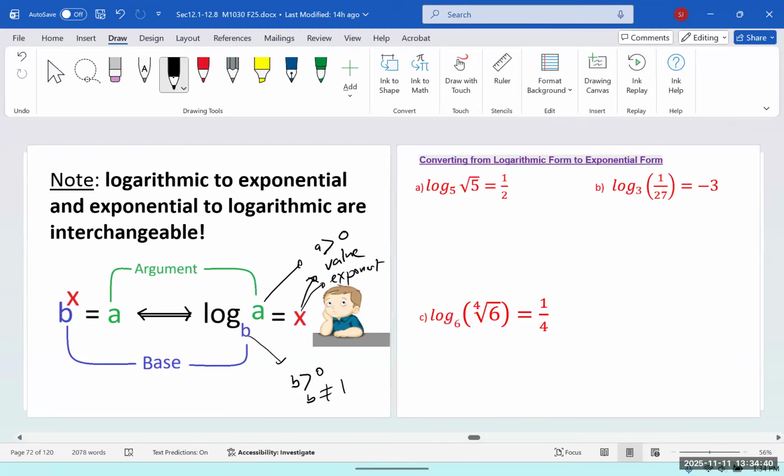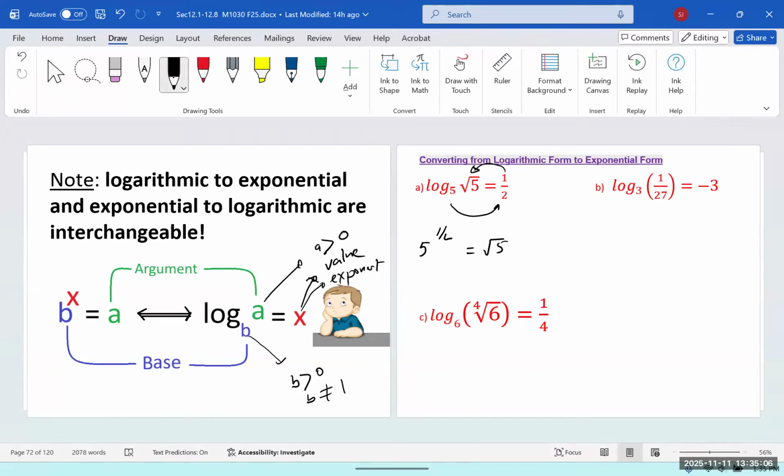Let's do some examples, things will be clearer. Who'd like to try the first one? Log base 5 of square root of 5 equals half. Convert into exponential format. 5 to the power of half equals... So 5 to the power 1/2 equals square root of 5.